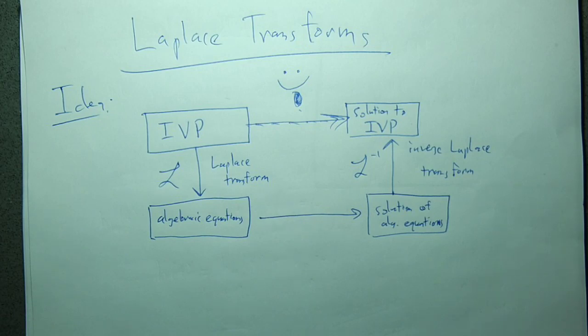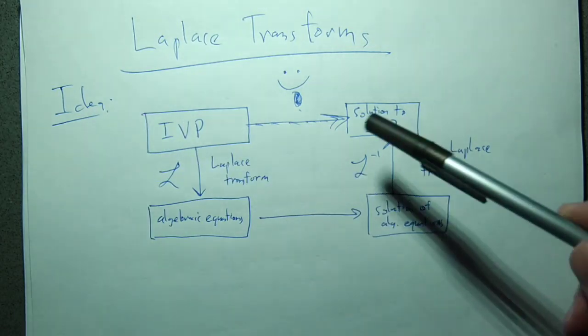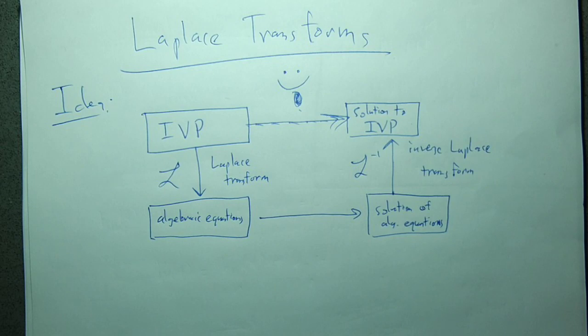So rather than going directly there, I do all this roundabout thing. After we've seen this, I'll describe why you might want to do this. It turns out that our process is only going to apply to constant coefficient equations. So this doesn't even apply to the variable coefficient equations that we use variation of parameters for. And so you might say, well, why would I ever use this? When you get used to this, for some problems, it can be really quick.